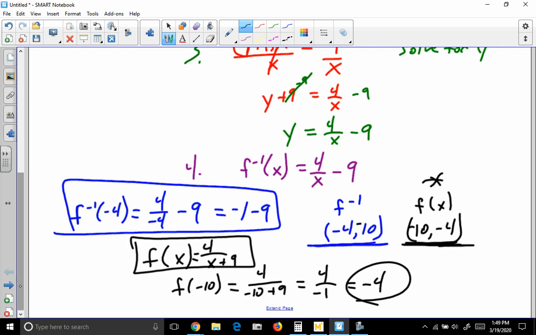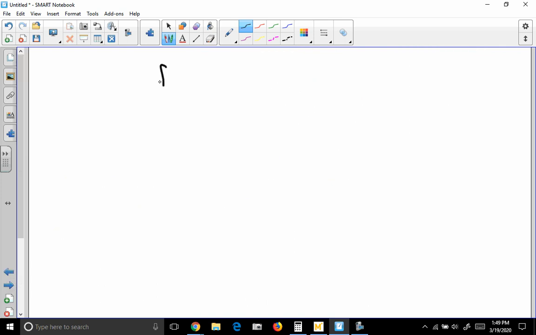Now, let's look at another result of this, which is that when we do the composition of a function and its inverse, something special happens. Let's look at this by example. On the last example, when we put a -4 into the inverse function, we got -10. So that was for the inverse function.